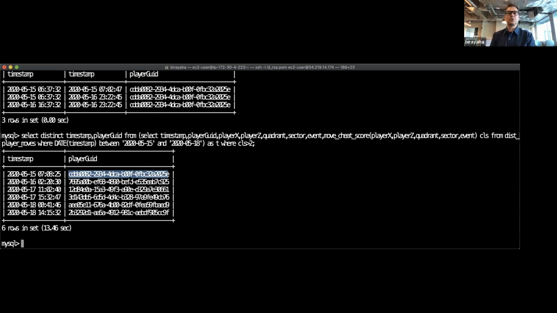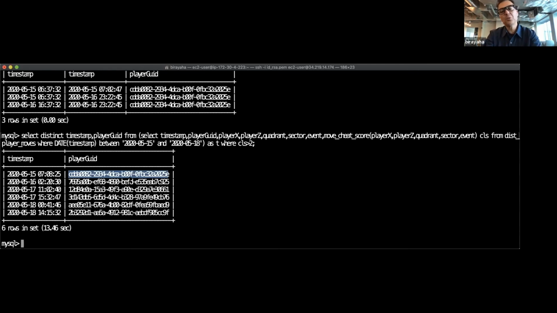We might want to look at the log of all his movements and try to assess whether there is other suspicious behavior, or maybe look at patterns.